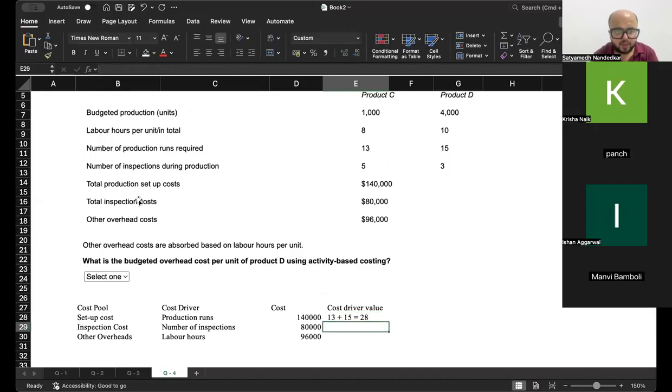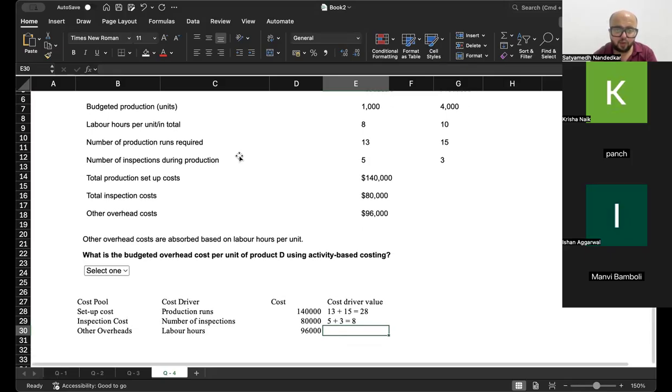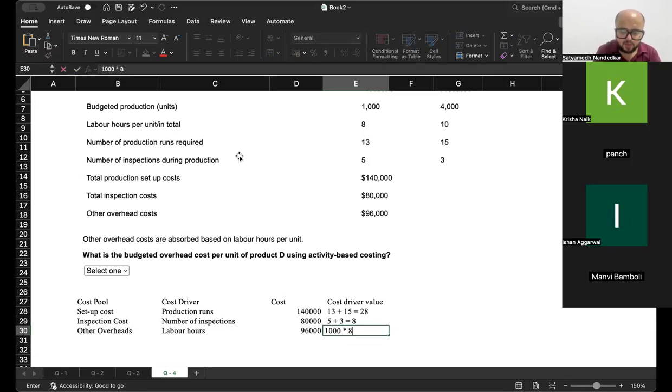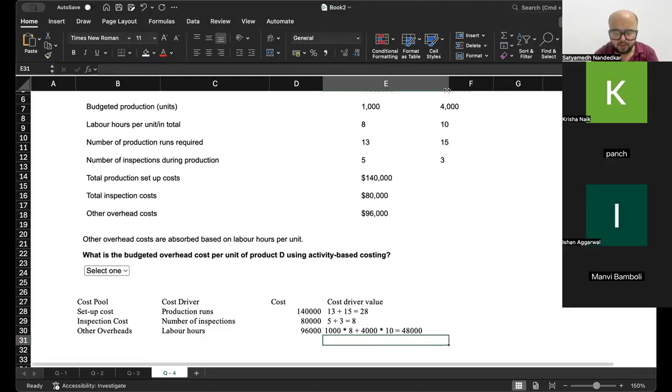Number of inspections during production is 5 plus 3, that is 8. And for labor hours, it is 1000 into 8 plus 4000 into 10. How much would that be? 48,000.